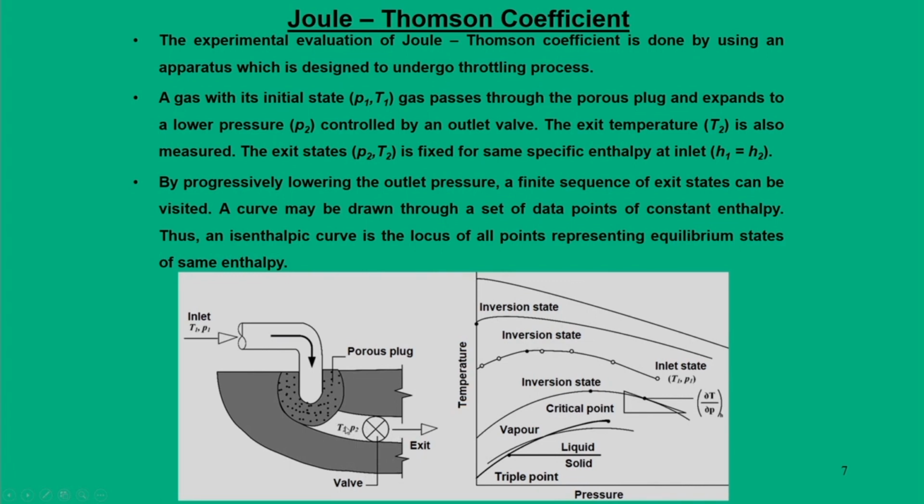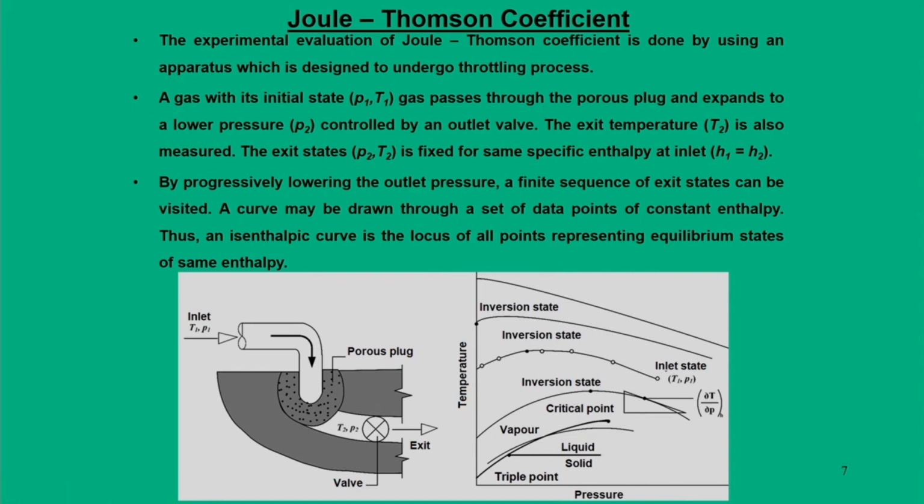So we have a set of data: the gas passes through the porous plug, and for a given set of initial conditions and a given exit pressure we measure T2. Such a process we can represent in graphical form.